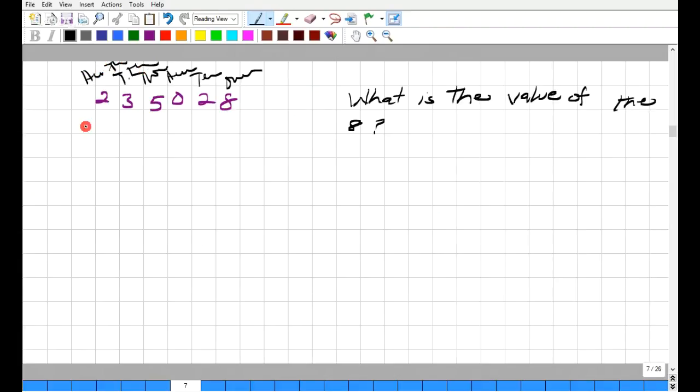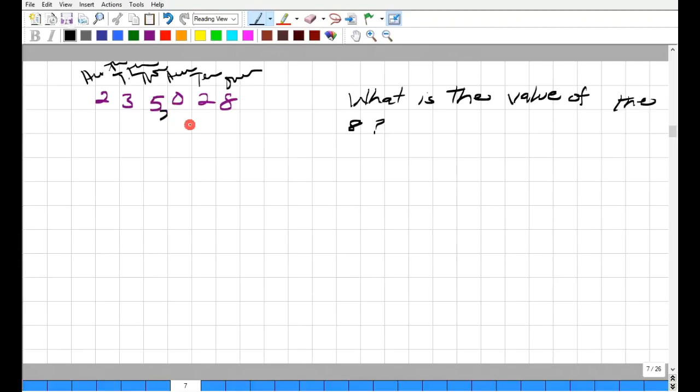So let's go. I have 200,000, 3,000, so that would be two. No, this is tens of thousands, so this would be 30. So 230,000. I have 5 more thousand there. So this would be 235,000.